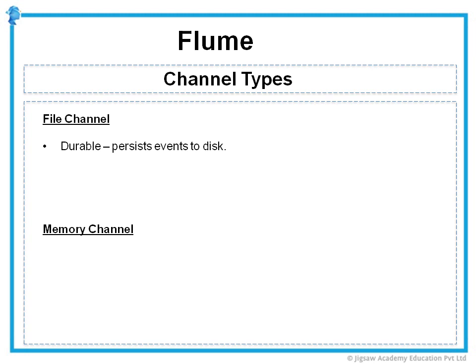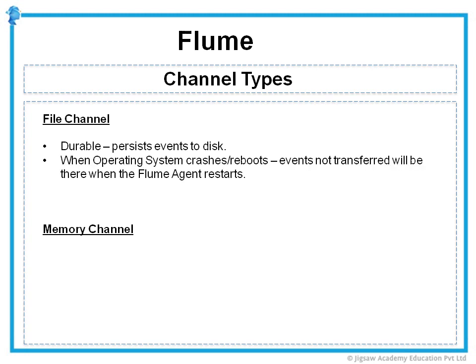So even if the Java virtual machine is killed or the operating system crashes or reboots, events that were not successfully transferred to the next agent in the pipeline will still be there in the channel when the Flume agent is restarted. Whereas the memory channel is a volatile channel as it buffers events in memory only.